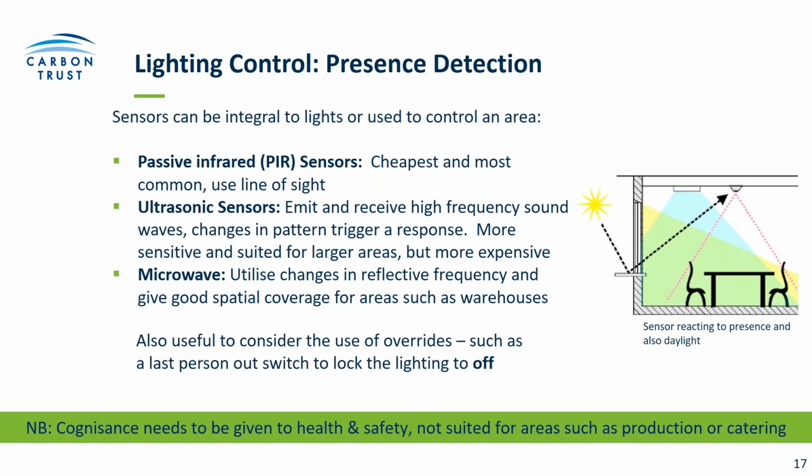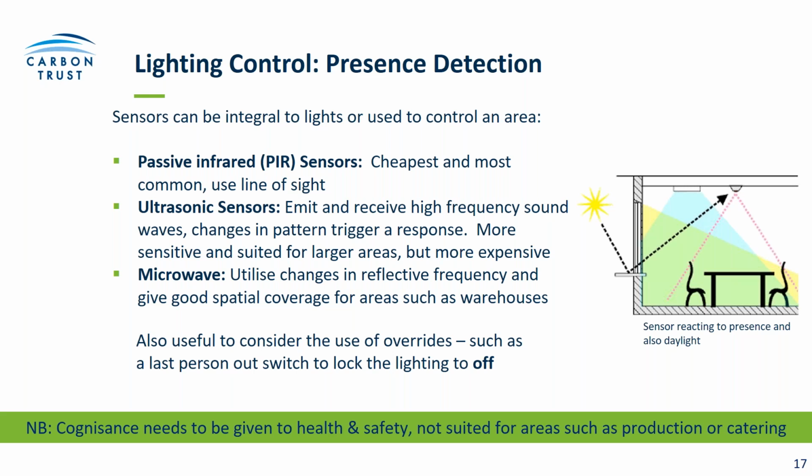So with regard to presence detection for lighting, there are a few different sensor types that can be used. Passive infrared sensors, or PIRs, are probably the cheapest and the most common that are used to provide lighting control. They can be installed directly on luminaires or in individual rooms, and are very effective in a small area.